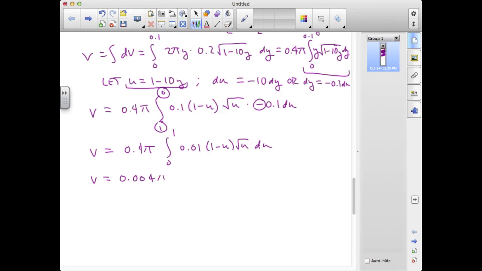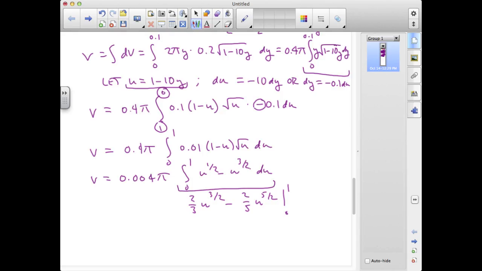So we have 0.004 pi integral from 0 to 1 of u to the 1/2 minus u to the 3/2 du. And that integral is something we can evaluate quite easily. That's going to be 2/3 u to the 3/2 minus 2/5 u to the 5/2 evaluated between 0 and 1.